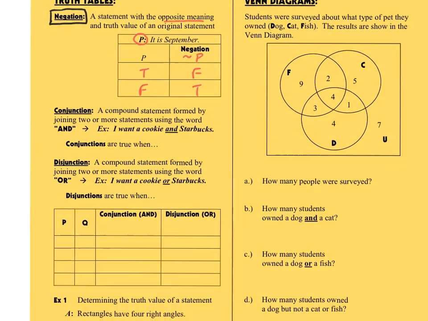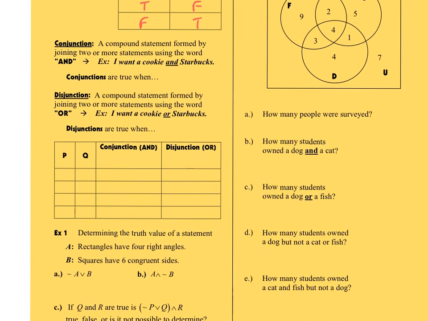The next two words we're going to look at are conjunction and disjunction. Up until now, conjunction would, in your mind, probably have covered both of these words. But for our purposes mathematically, conjunction is only going to mean the word and, and disjunction is only going to mean the word or.